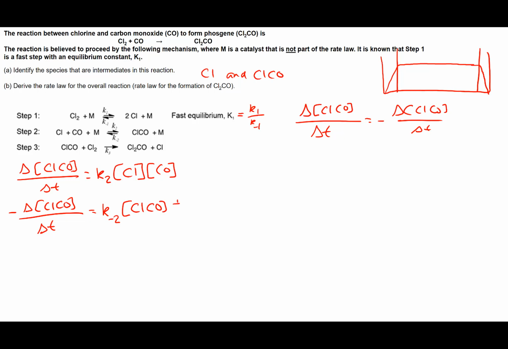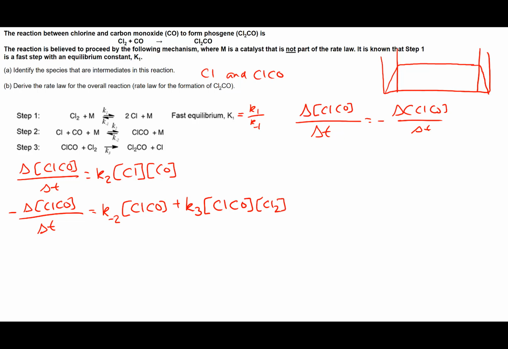And now it also has the reaction where the ClCO is reacting with the Cl2 to form our final product of Cl2CO. Both of those reactions together contribute to the removal of the ClCO from the overall reaction mixture. So that's going to be plus k3 times the concentration of ClCO times the concentration of Cl2. So we have those two things together.